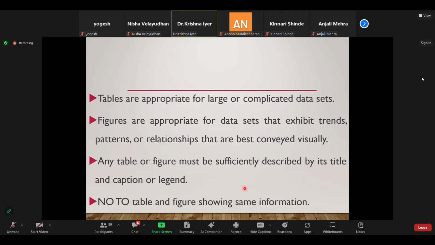Now, remember that tables are useful when you have very large or complicated data sets, so that when you write it in sentences, somebody will get lost. So it's much easier to put it in a table in a very organized fashion. In the same manner, many figures, it could be a graph or a histogram or a bar chart or a pie chart.